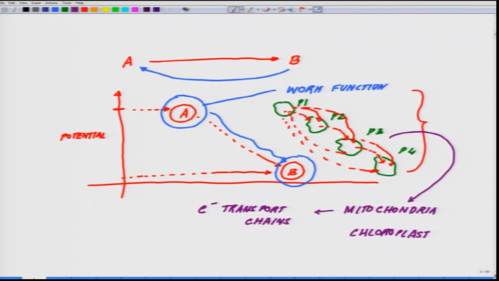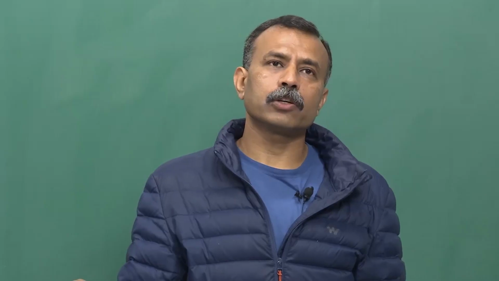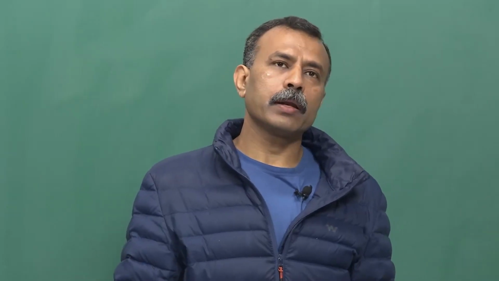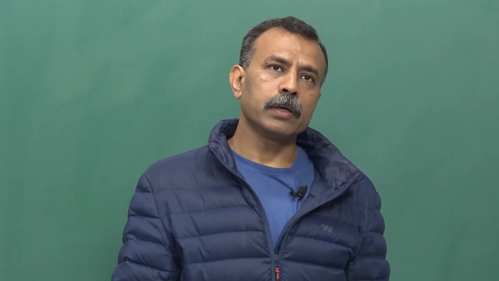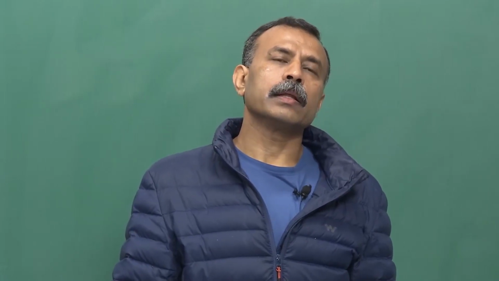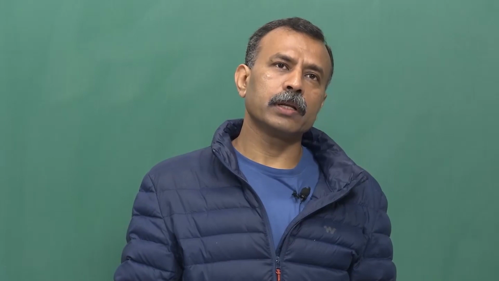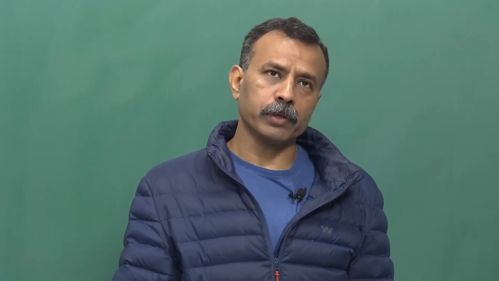So, these electron transport chains are nothing but proteins which are sitting across the mitochondrial membrane, where the flow is governed by the different potential of that particular protein.